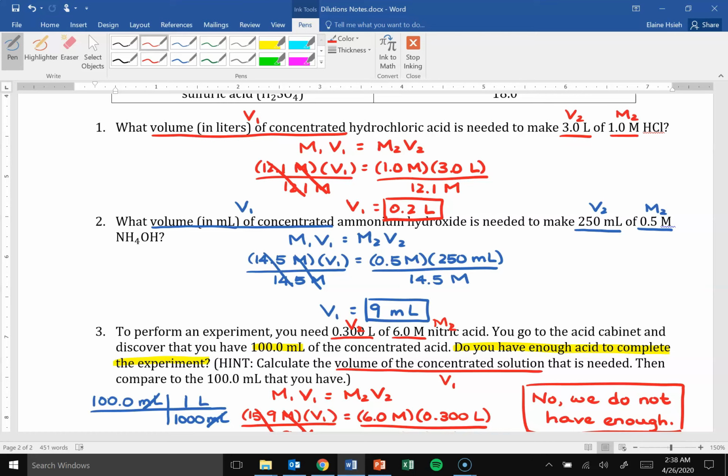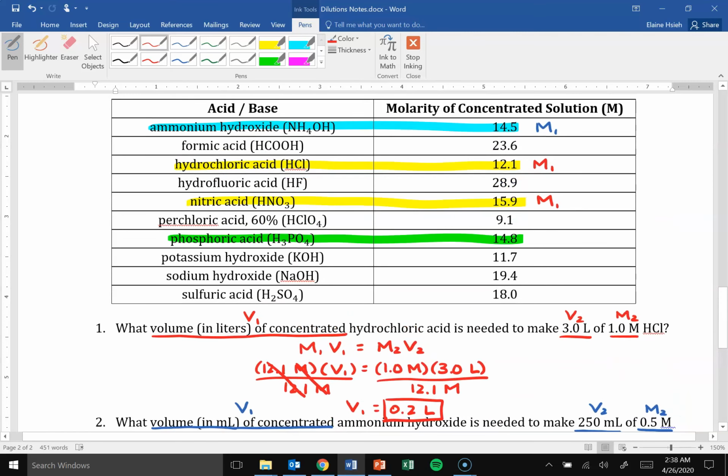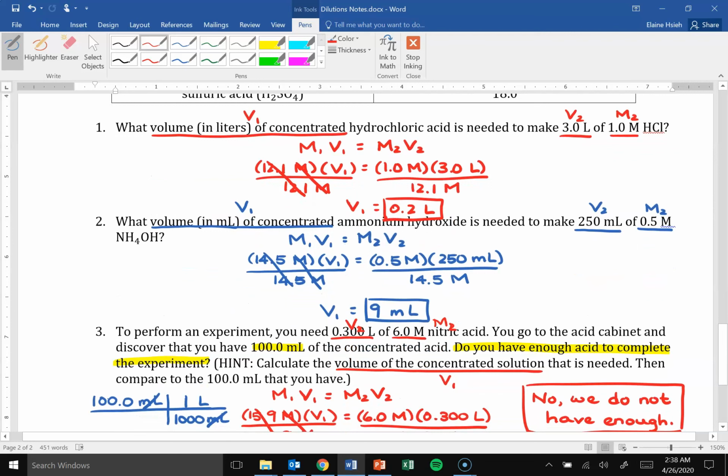So we are looking for V1, and M1 is in the chart. We're looking at ammonium hydroxide, so M1 is 14.5. Once we plug in all of the numbers into the formula and solve for V1, we get 9 milliliters. Now I rounded it to 9 because V2 says 250 milliliters, and that is a whole number. So I went ahead and rounded V1 also to a whole number.